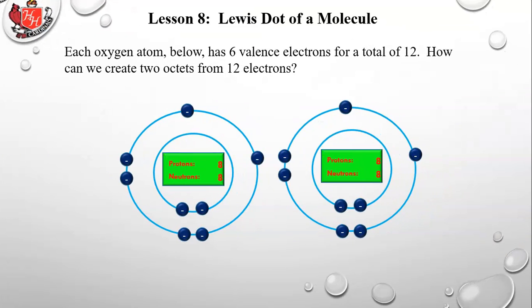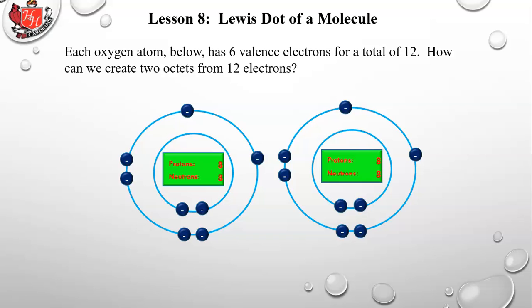Okay, and each oxygen below has 6 valence electrons for a total of 12. So there you go, you see 2 oxygen atoms and each has 6 valence electrons. How can we create 2 octets from 12 electrons? So this is like a little puzzle. Before you go straight to the answer, you can pause the video. Just look at this.